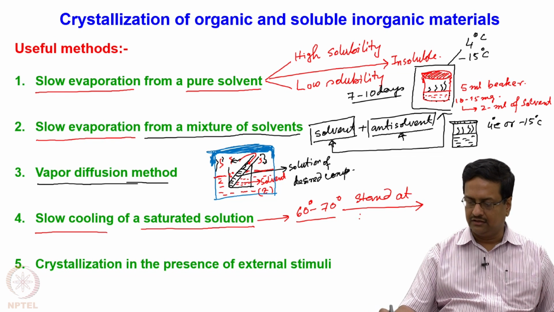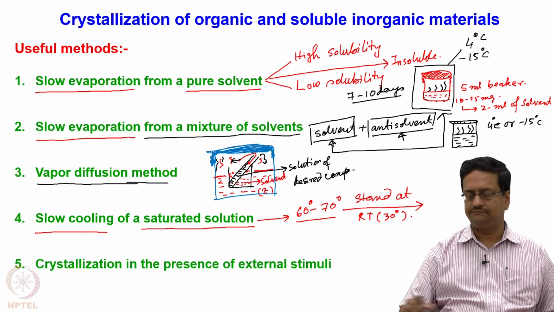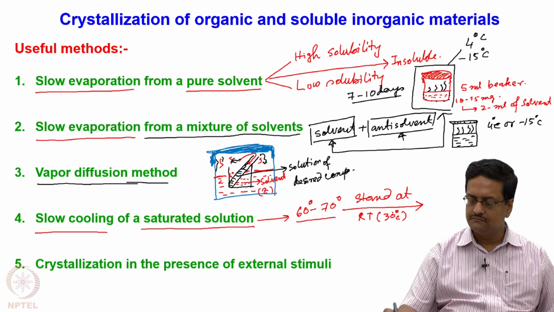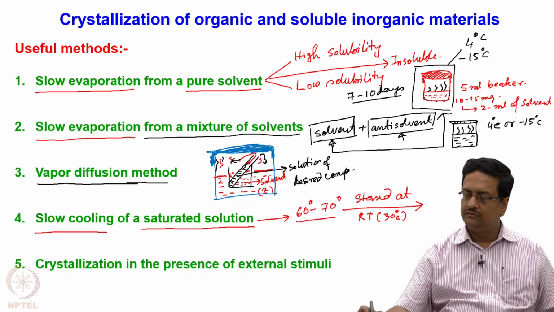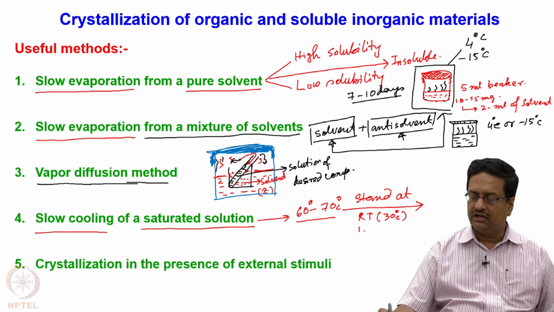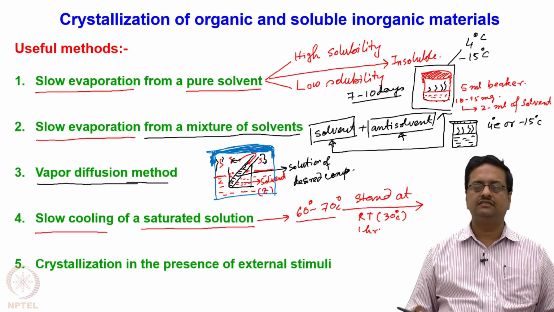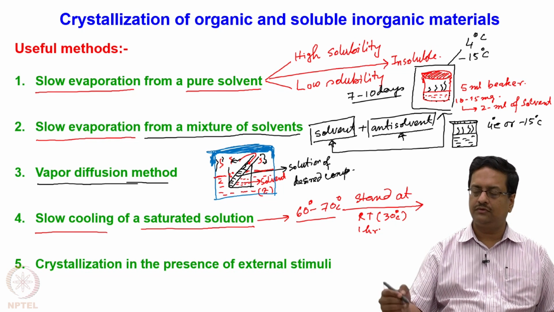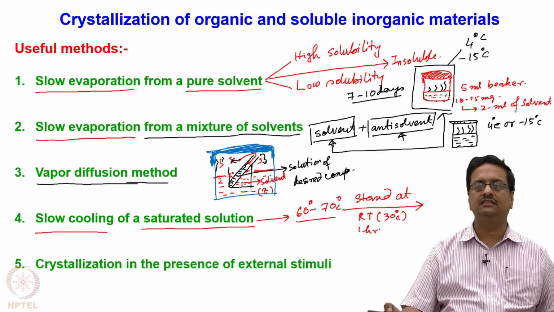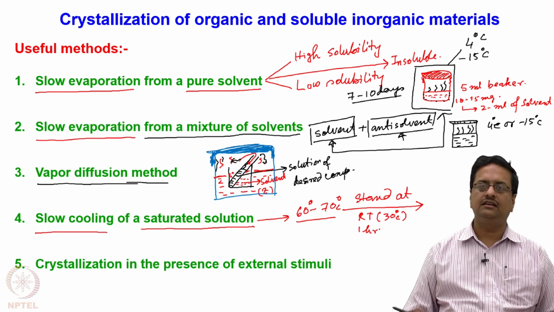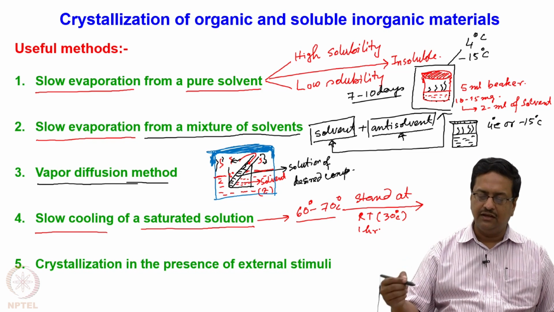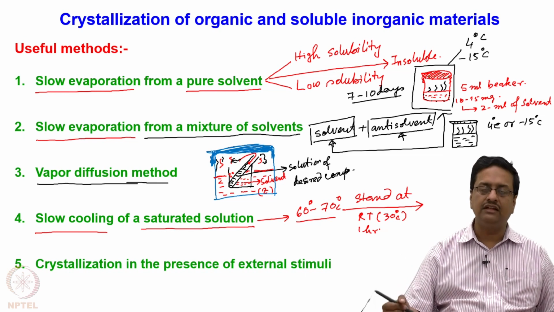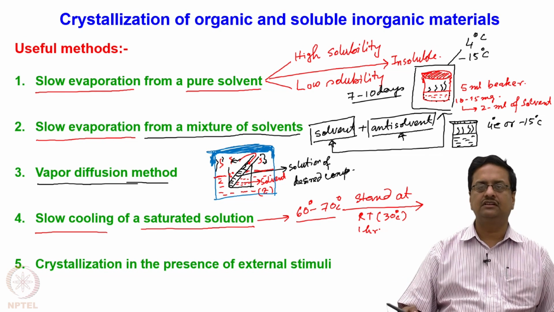So, standing at room temperature, which is about 30 degrees centigrade, for about 1 hour. In this 1 hour time, the saturated solution has cooled from about 60 to 70 degrees centigrade to about 30 degrees centigrade. So, this is a method of cooling, of course uncontrolled, but it is a method of slow cooling.